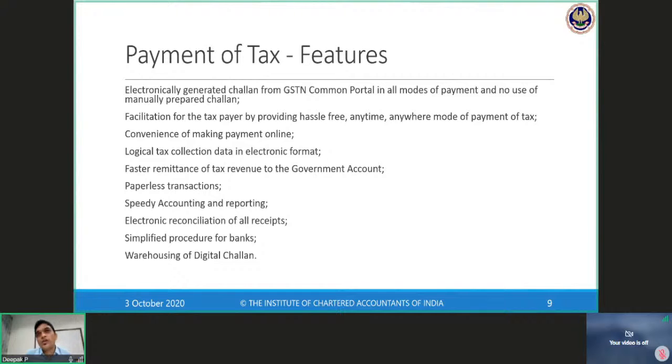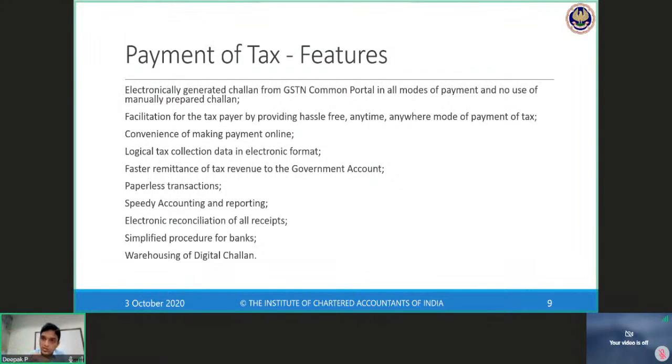You cannot tell that. Okay, under earlier laws, you had an option of going to the bank and preparing a challan. You can prepare an offline challan, fill up all your details, go to the bank and make the payment. But there used to be a lot of confusion. That's why under the GST law, you have to pay taxes from the electronically generated challan.